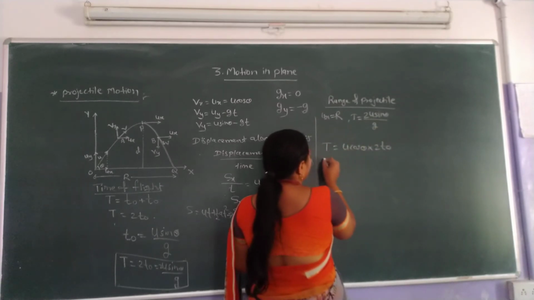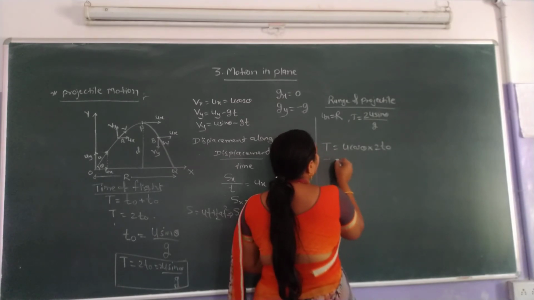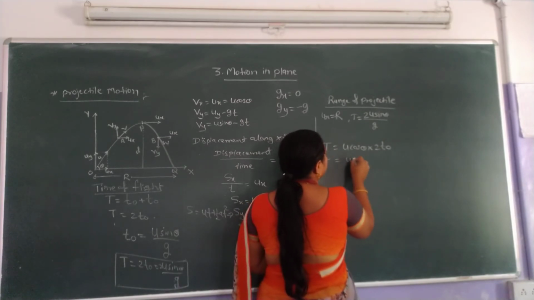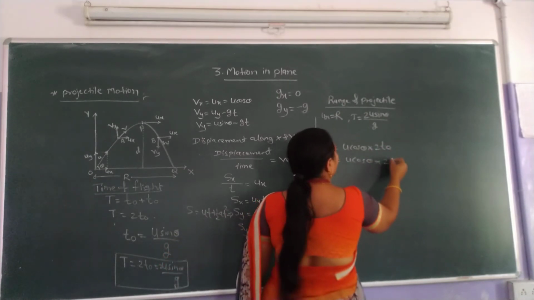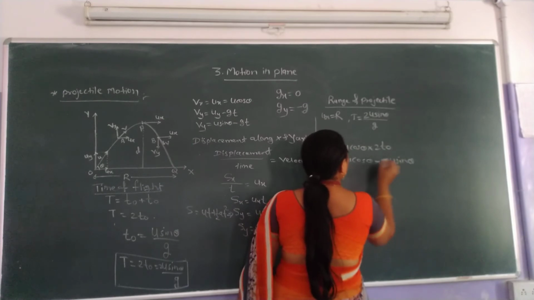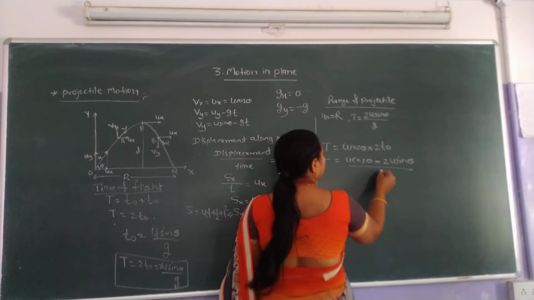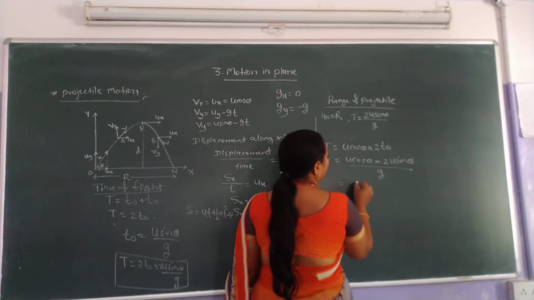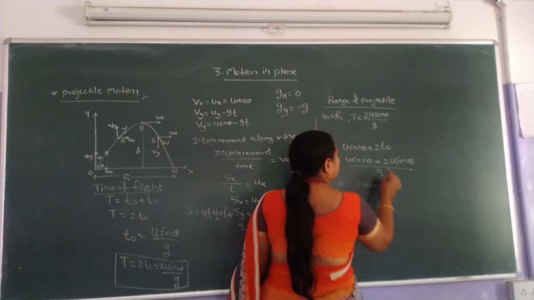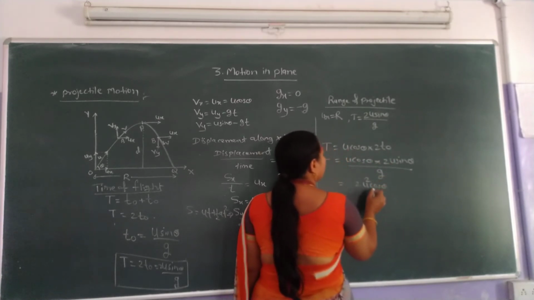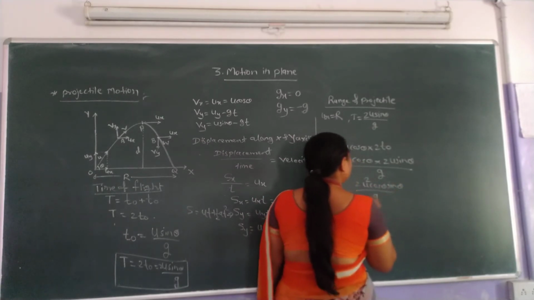Total time required. Therefore, that displacement is u cos theta into 2 into u sin theta upon g, where t0 is u sin theta upon g. Therefore, 2 u square cos theta sin theta upon g.